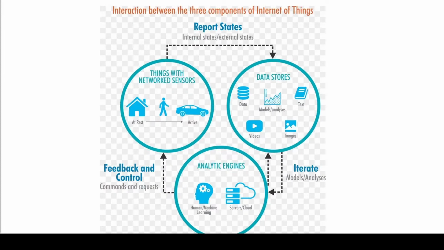So this is the interaction between the three components of the Internet of Things. This is more like a cycle. The devices used to collect data are installed everywhere in the places surrounding us, even on top of the human body.